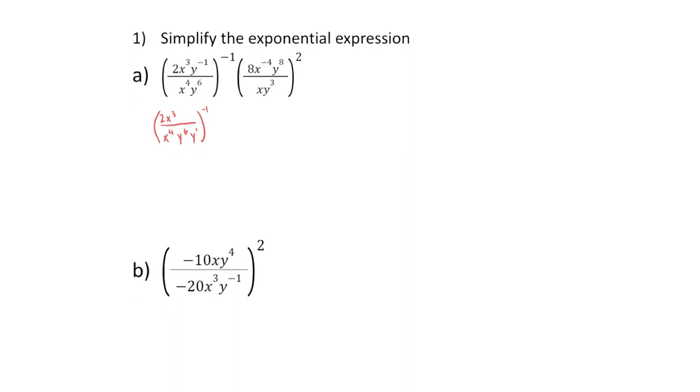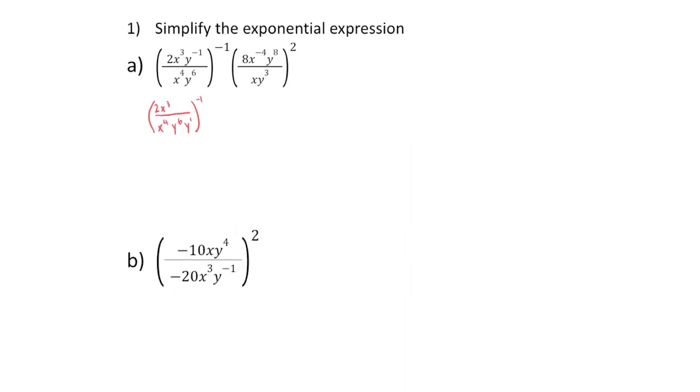And then from there, I will want to combine any terms that can be combined. So I have 2, and then my x cubed over x to the 4th, that becomes x to the 1st in the denominator. Y to the 6th, y to the 1st in the same place become y to the 7th, also in the denominator.